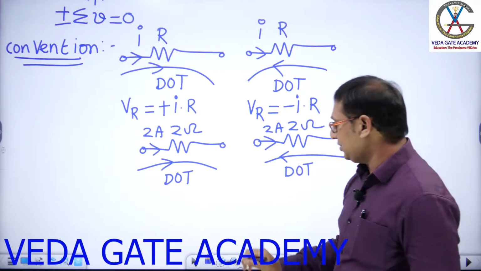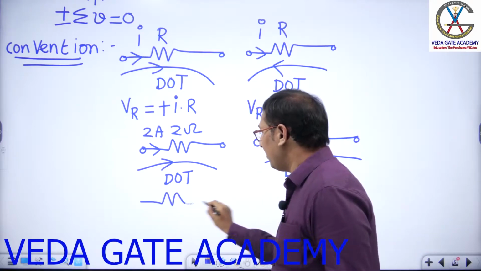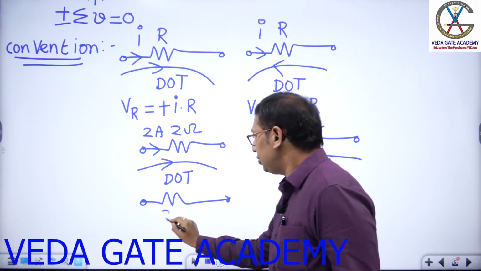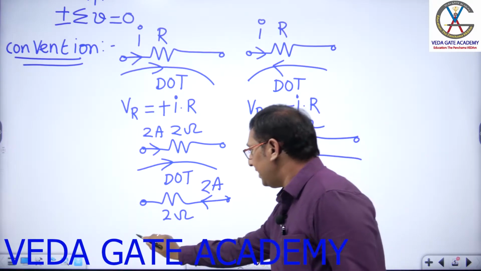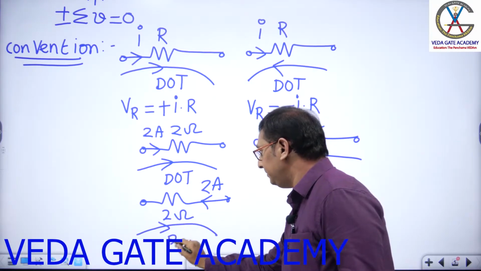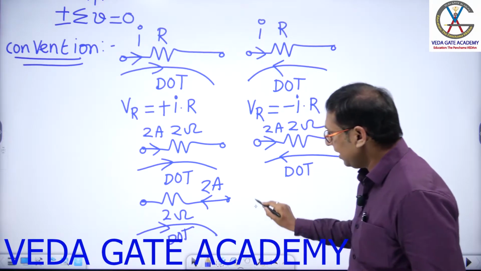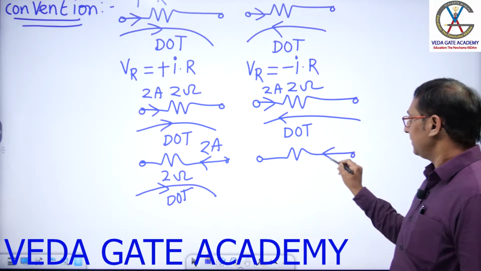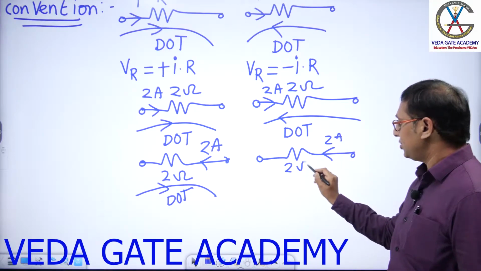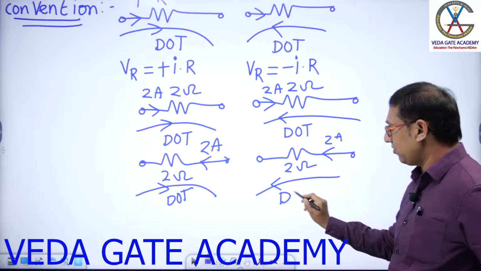What is the other combination? A 2 ohm resistor, but current coming like this, direction of travel clockwise. The same 2 ohm resistor, direction of travel anti-clockwise.